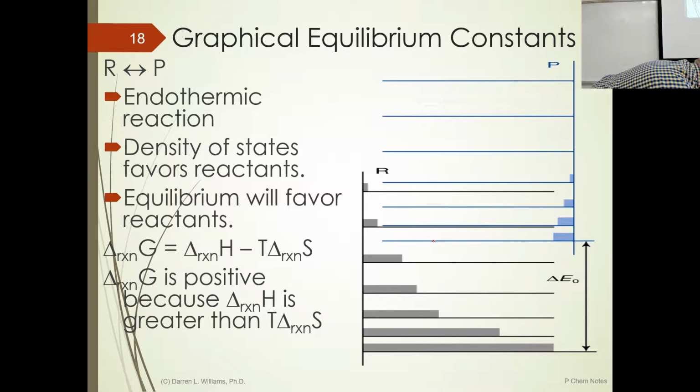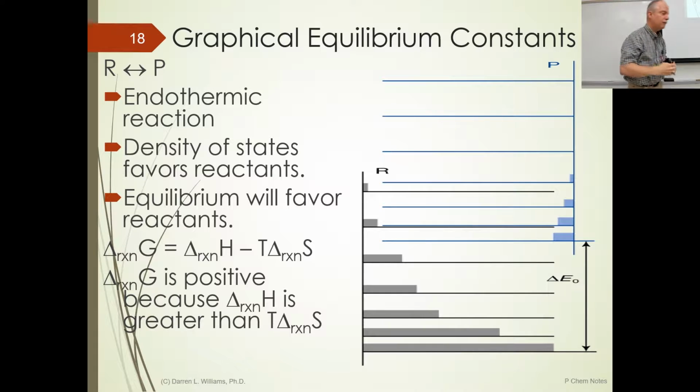Notice when we get to this one, it's in between this one and that one. So we throw all of the energy levels into the Boltzmann distribution calculation. So think about it. The Boltzmann distribution has no idea what's a reactant and what's a product. It only has an idea of where that energy level is. Think about that.